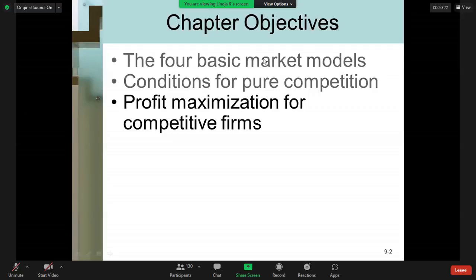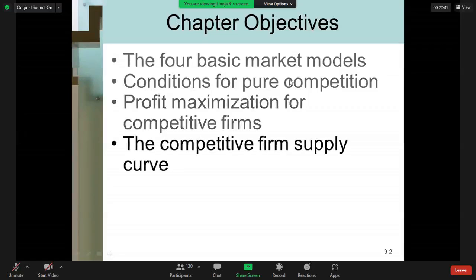Then we need to know that in a market, the ultimate objective, target or goal is always profit maximization, right? So profit maximization for the competitive firms. Then the competitive firm supply curve. You already have studied supply and demand related things, so it will be easy for you to understand the competitive firm supply curve, right?